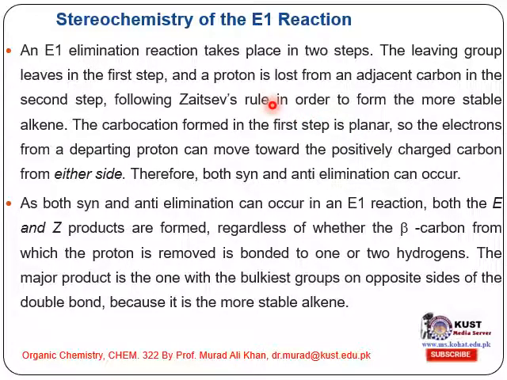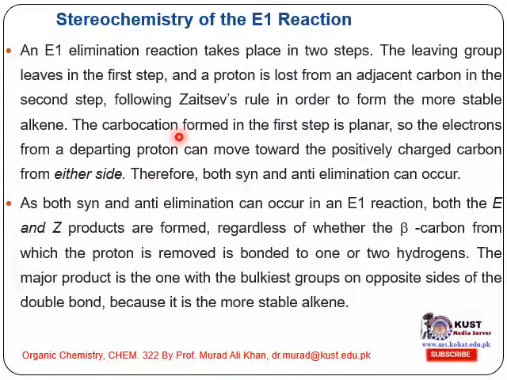In the E1 reaction, as against the E2, there is first the formation of the carbocation. The carbocation is a planar molecule, and the electrons from the departing proton can move toward the positively charged carbon from either side.